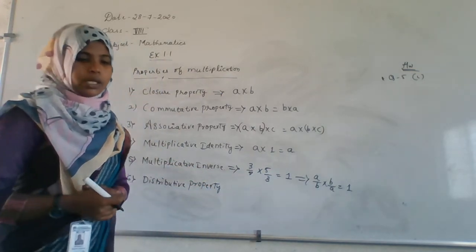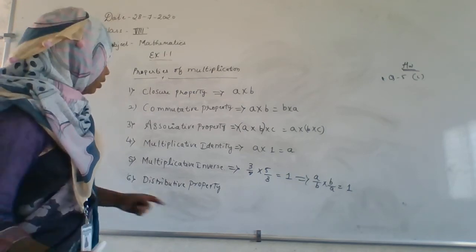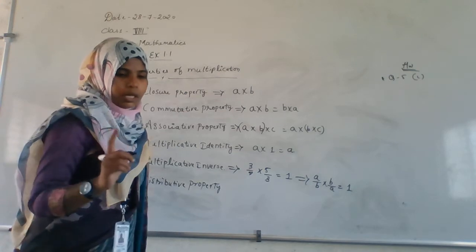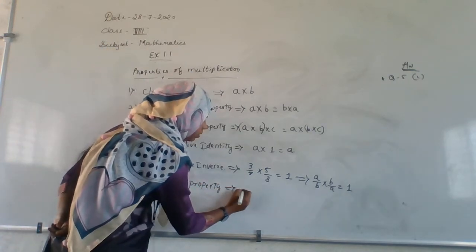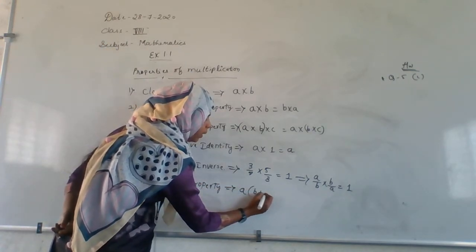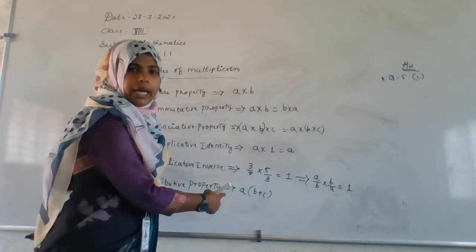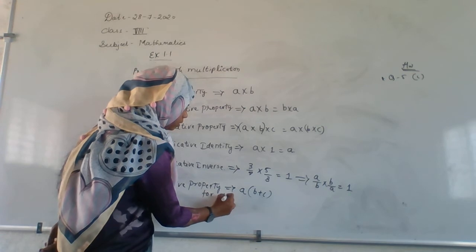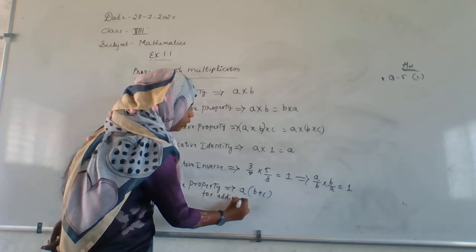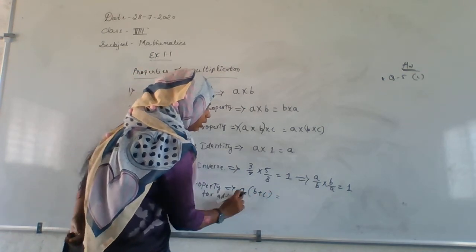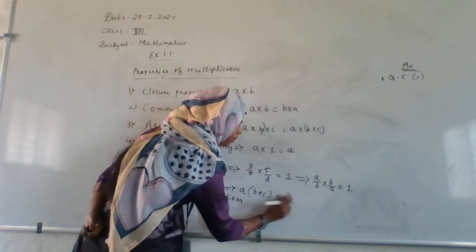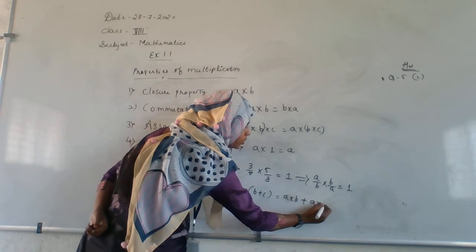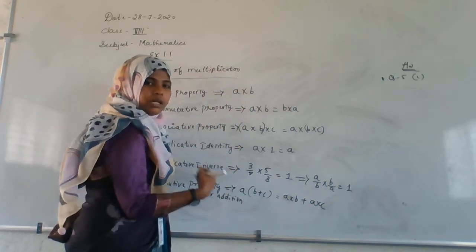And the next one is the distributive property. For the distributive property, when we write A in the bracket B plus C, we are distributing for the addition. Distributive property for addition: A into B plus A into C, means we are distributing.